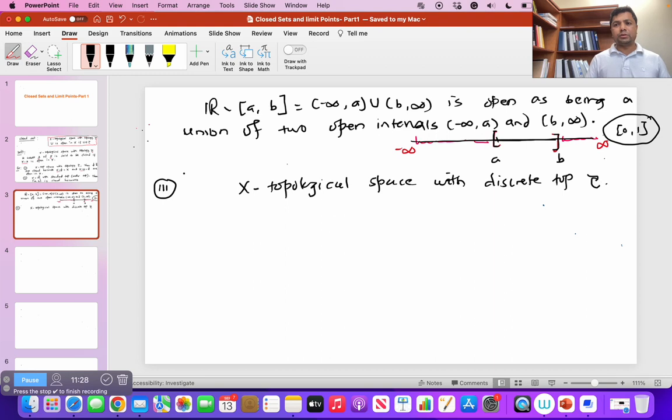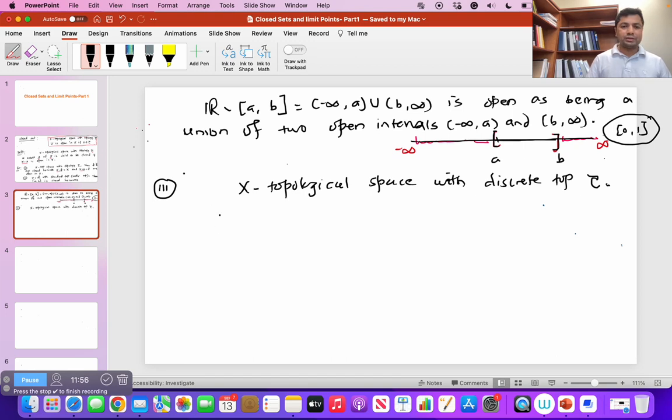Discrete topology tau means tau is the collection of all the subsets of X. So basically the discrete topology is the power set of X. Here every subset of X is open in the discrete topology because each subset of X is an element of tau. So that's what we already know.